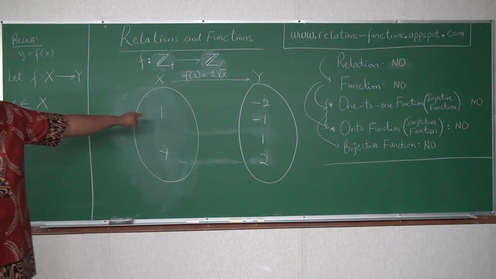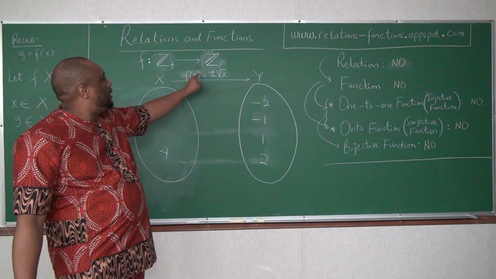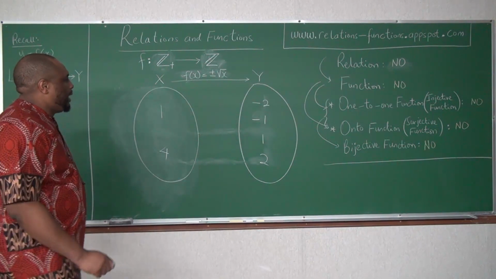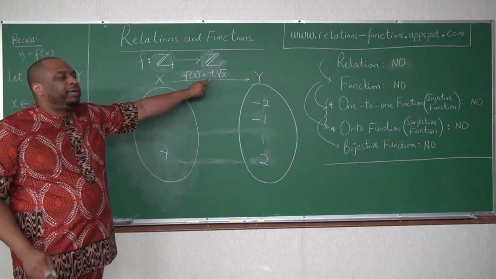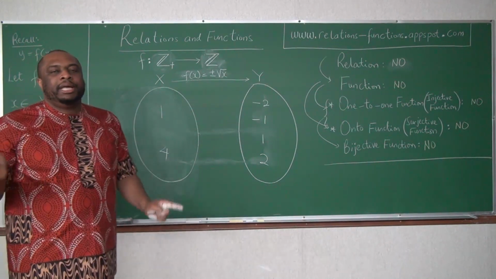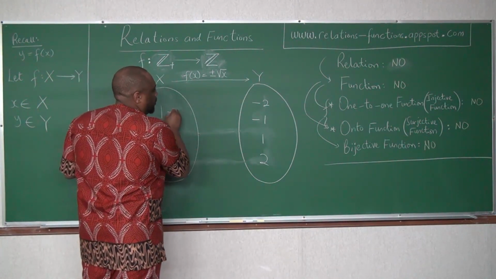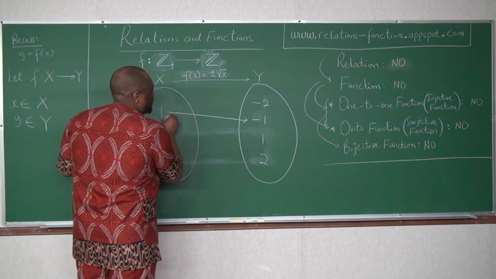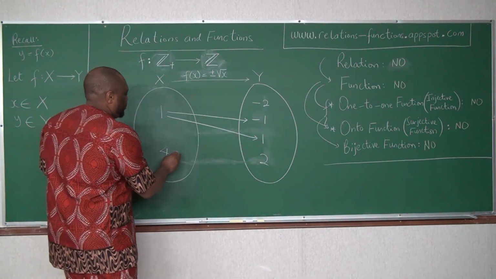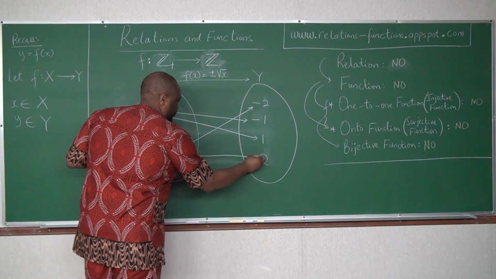Positive integer means that only positive integers can be here, and integers could be any of them here. So square root of 1, this is plus or minus square root, so it could be plus 1 or minus 1. This 1 maps to minus 1, this 1 maps to 1. Square root of 4 could be minus 2, this 4 maps to minus 2, this 4 maps to 2.